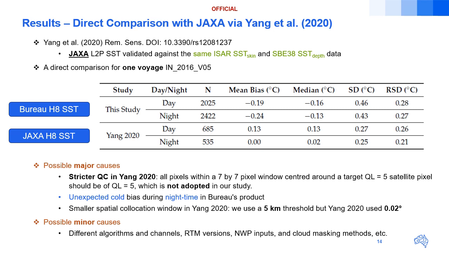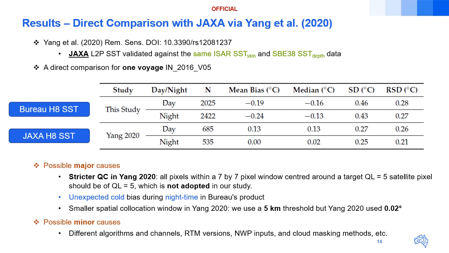That is, all pixels within a 7x7 window centered around a target QL5 satellite pixel should all be QL5. Another reason could be that there are some unexpected cold biases during the nighttime in the Bureau's products. We were expecting some cold bias during the daytime, but not the nighttime.